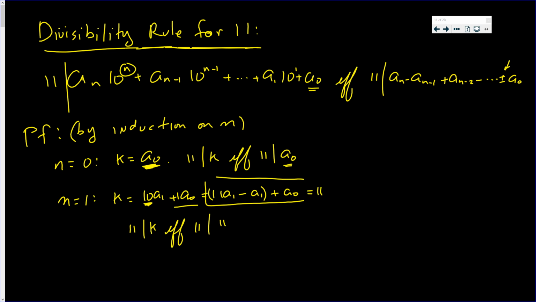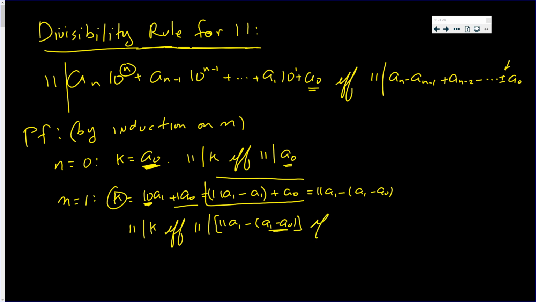This is equal to 11a1 minus a1 plus a0. Okay, so that's just k. So 11 divides k if and only if 11 divides 11a1 minus a1 plus a0. I really wanted to have a1 minus a0.